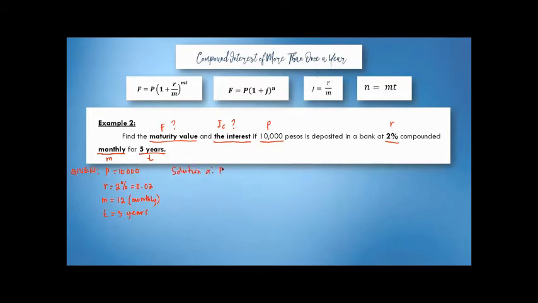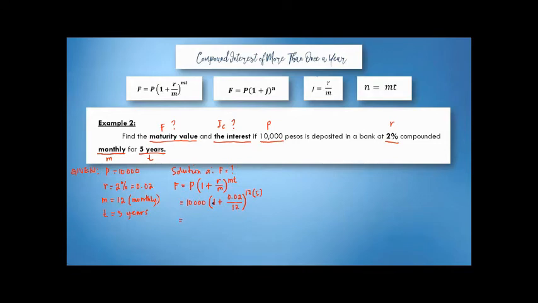Solution A, future value is unknown. So pwedeng etong gamitin ulit natin or eto, provided na sasagutan muna yung J at saka yung N. So gamitin natin tong una, P times 1 plus R over M raised to M times T. Substitute ulit natin, we have 10,000 times the quantity of 1 plus 0.02 divided by 12 raised to 12 times 5.